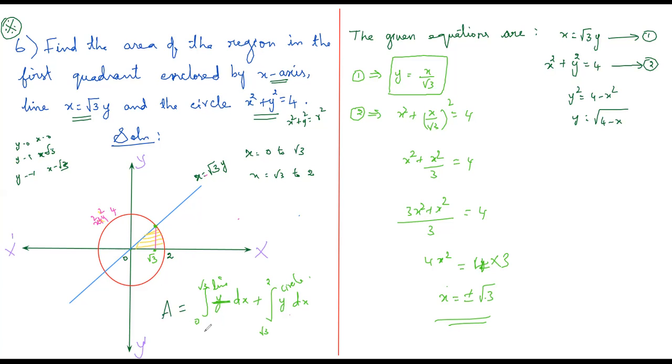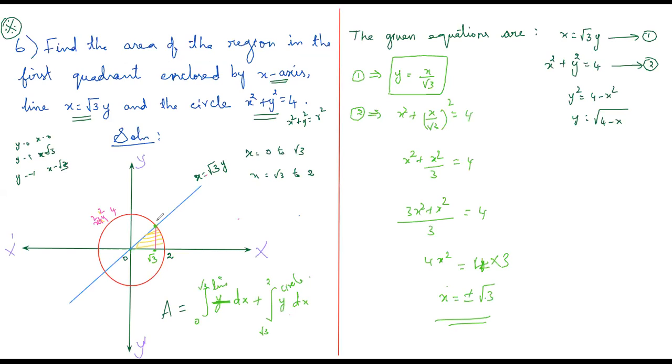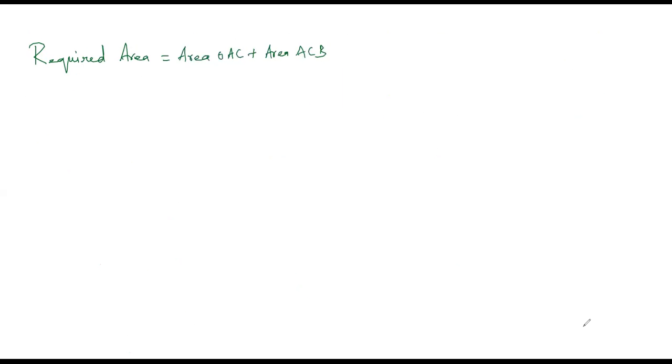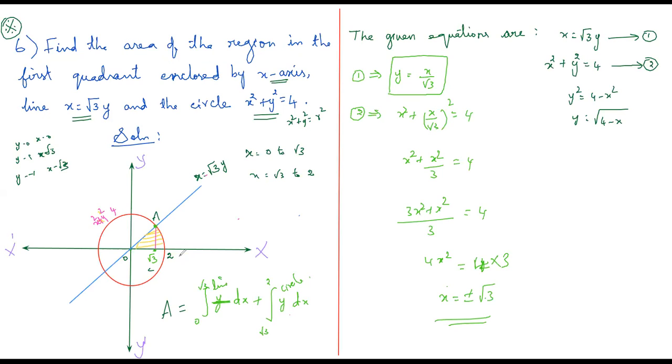So required area A is equal to area OAC plus area ACB. This is point C. Now let's move on.